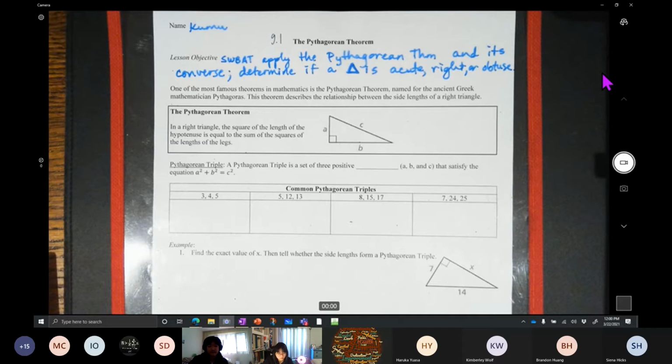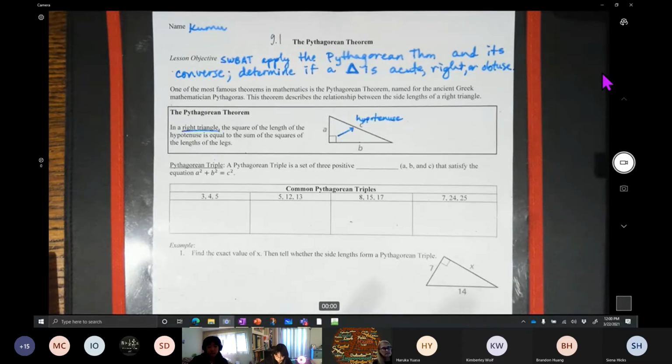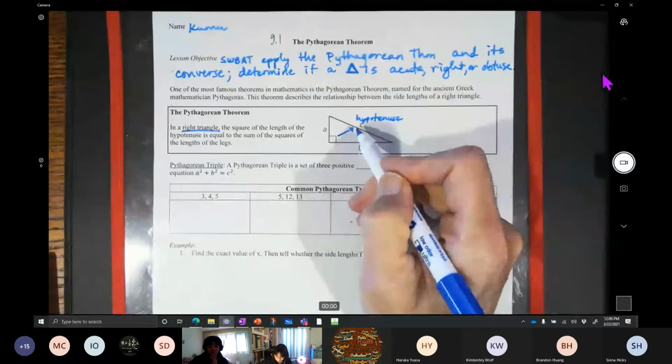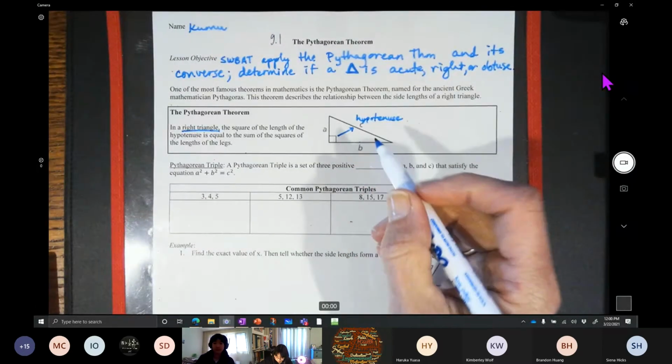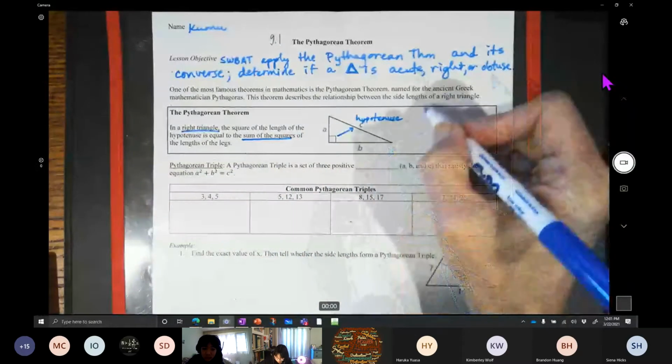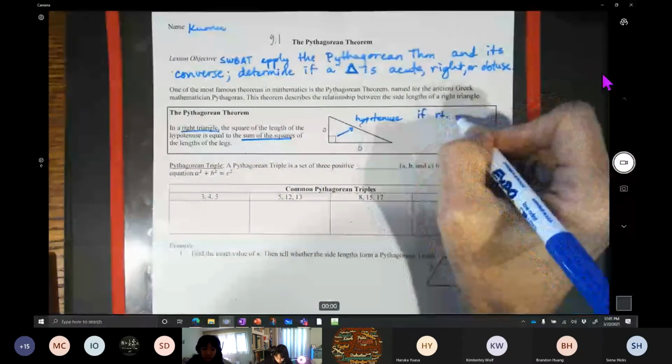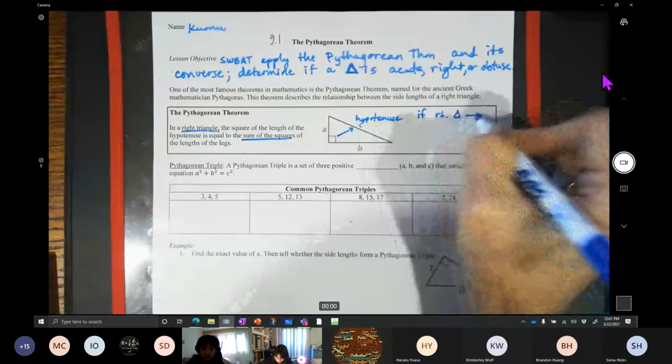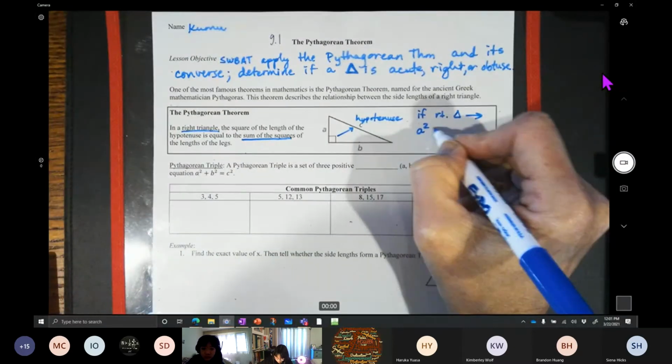In a right triangle, the square of the length of the hypotenuse, which is always the longest side and always the one across from the right angle, even if it's upside down, is equal to the sum of the squares of the other two legs. Which means if you have a right triangle, then a squared plus b squared equals c squared, like this picture.